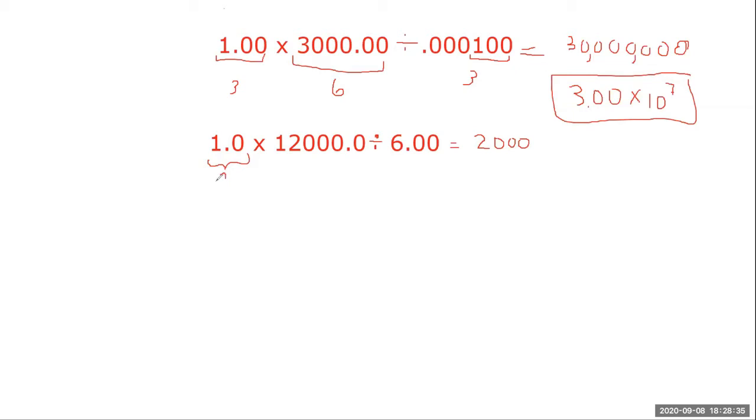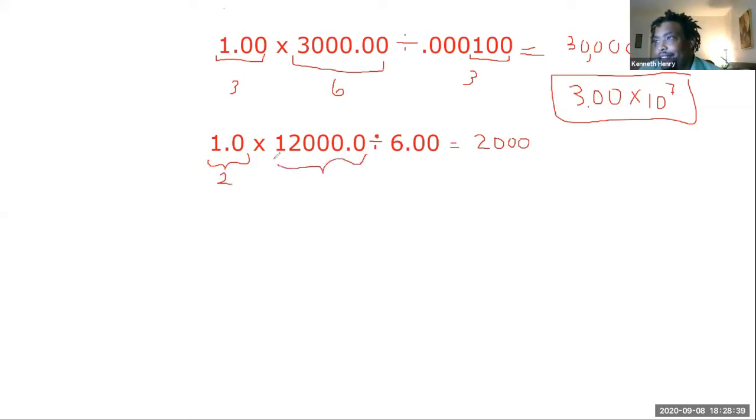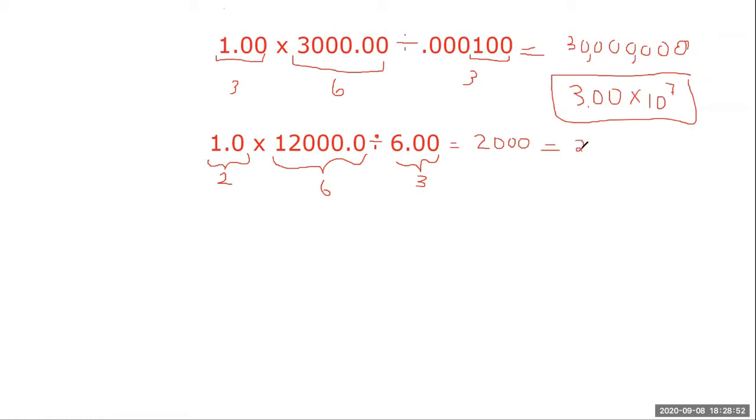Okay. And here? 6. And here? 3. So then how many sig figs should we have? 2. Okay, so the answer is 2.0 times 10 to the third. That's correct.